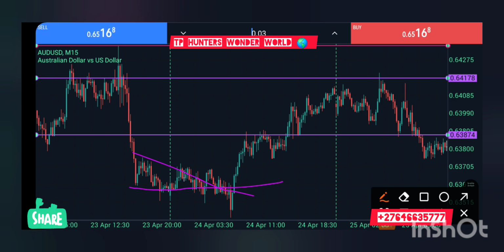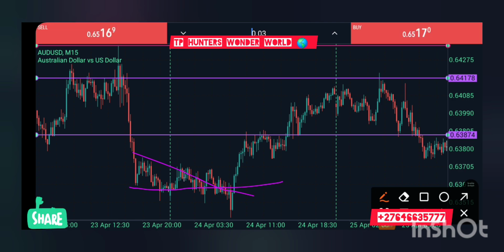So for conclusion, the BSLs and SSLs are not just technical zones. They are footprints of institutional manipulation. With the Tphnter strategy, guys, you will stop and start thinking like a bank. So next time, when you see a breakout, pause and ask yourself, is this real or a trap?